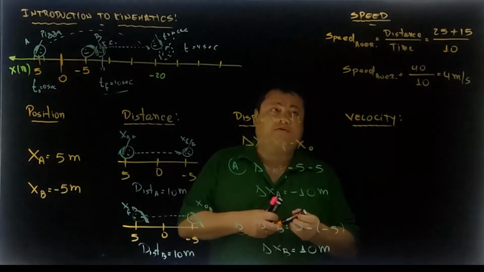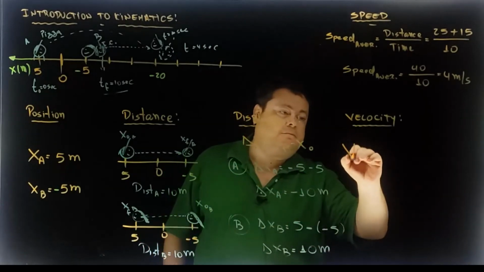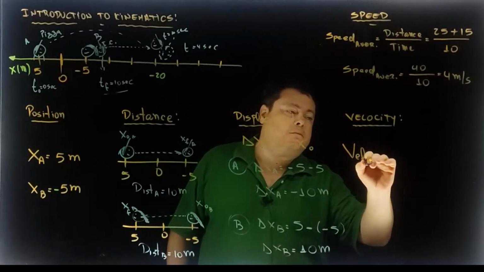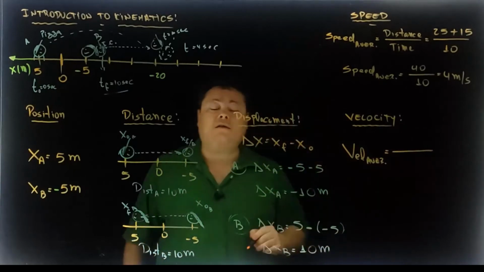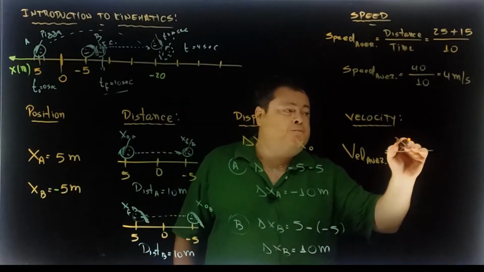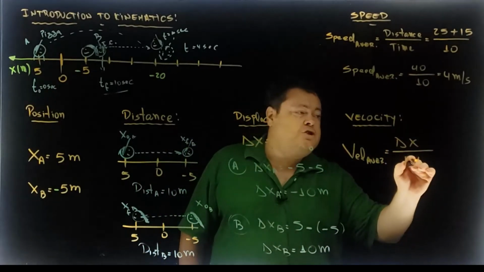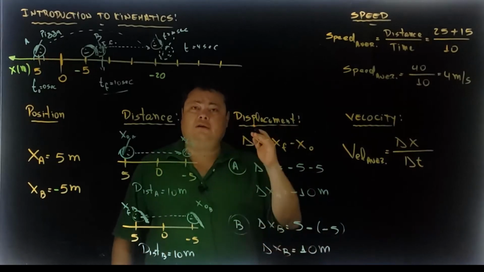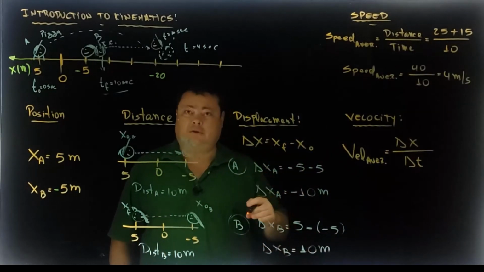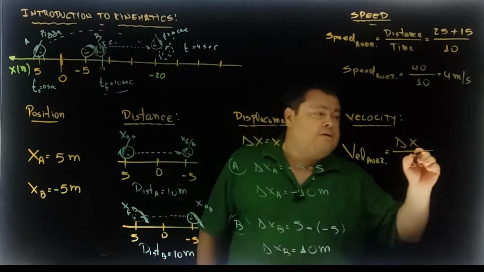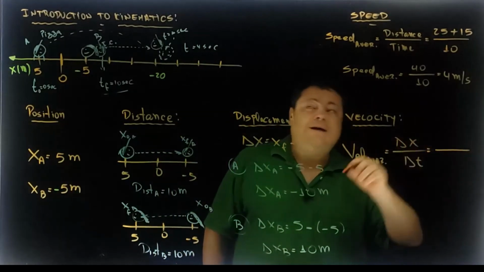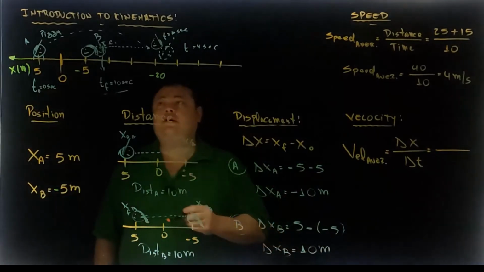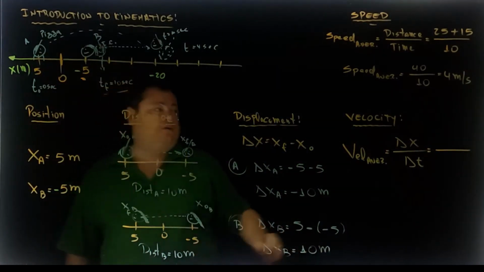Now, average velocity is defined as change in position over change in time. So it's going to be delta x over delta t. Notice that in here now, his final position is negative 5 meters.